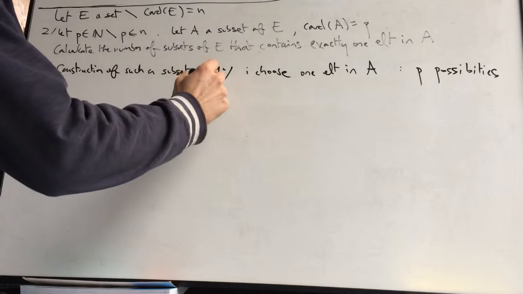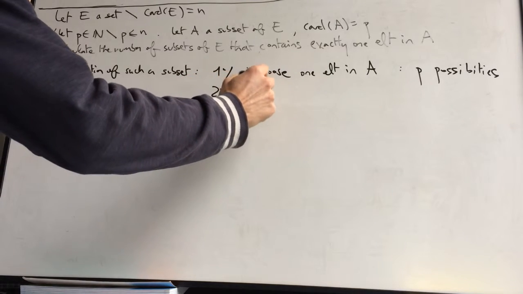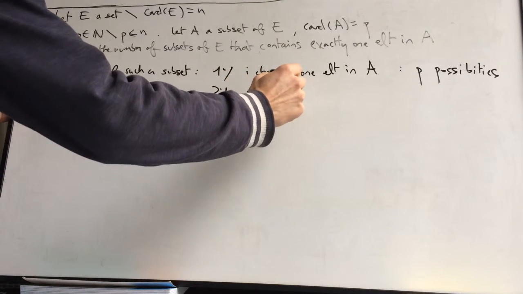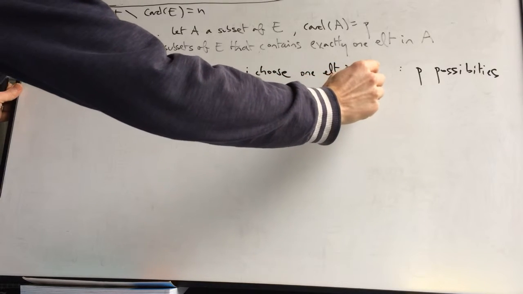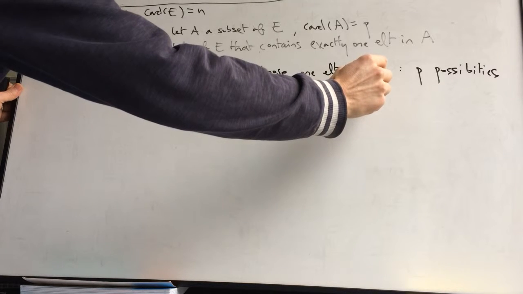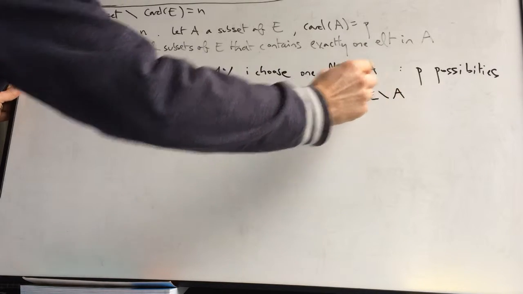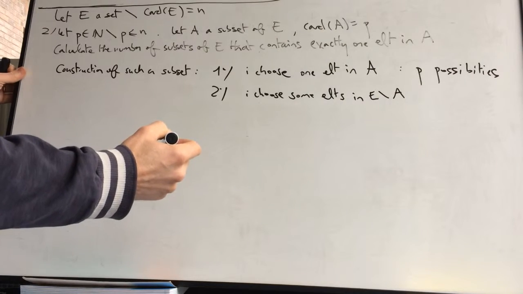And secondly, I choose some elements in E minus A. And how many possibilities are there?